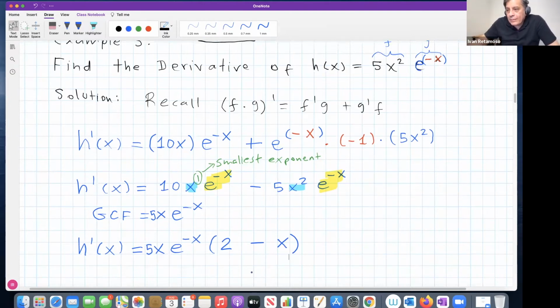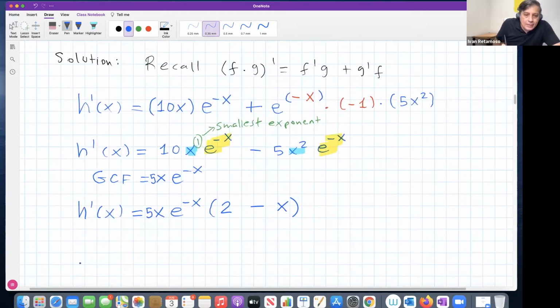Now, sometimes mathematicians, when they post answers, especially as multiple choices, are annoyed by these negative exponents. So very often they bring it down. Whenever the result contains negative exponents, they bring it down so that this guy becomes 1 over e to the x, multiplying 2 minus x.